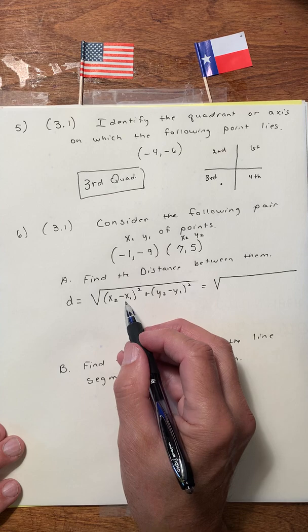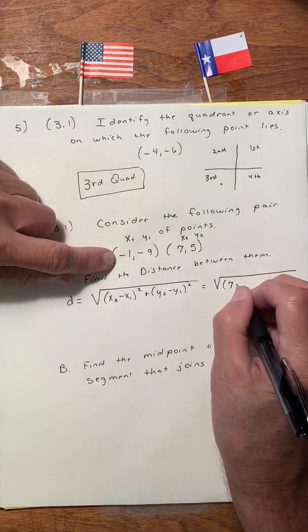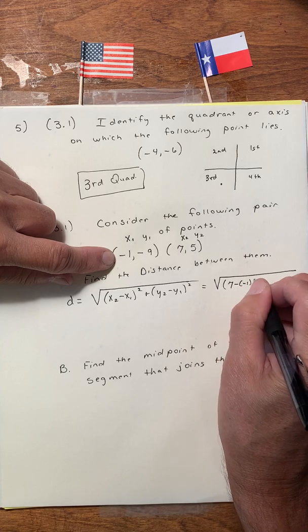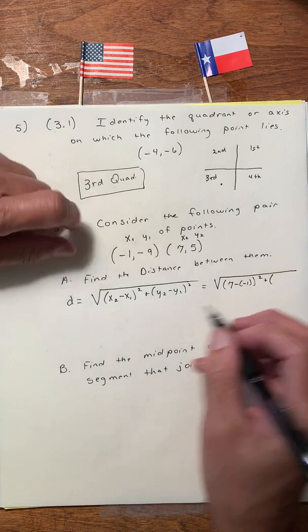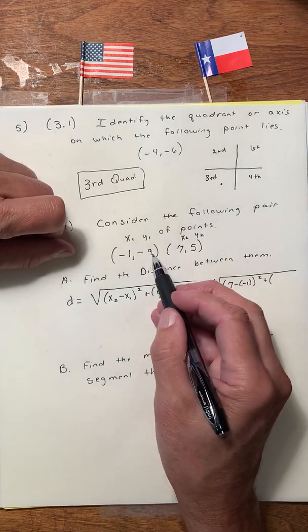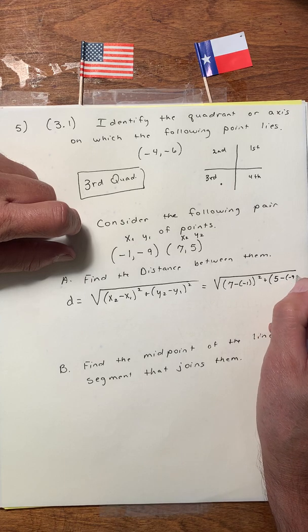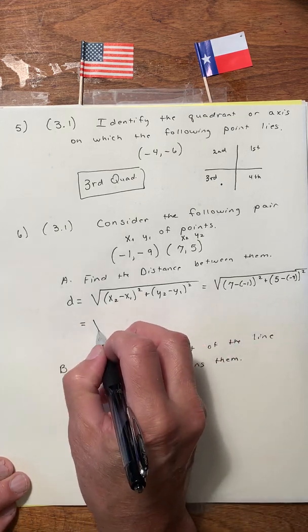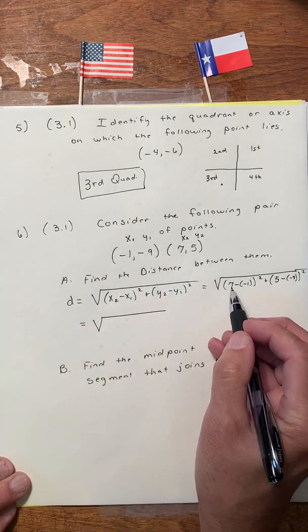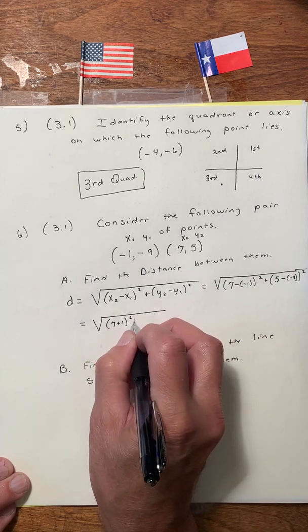Okay, this is x2 minus x1. Let's see, that's 7 minus a -1 squared. Don't forget to square it. Plus y2 minus y1 is 5 minus a negative 9. Again, squared. Don't drop a negative here. Minus a negative is going to be positive, so this is 7 plus 1 squared.